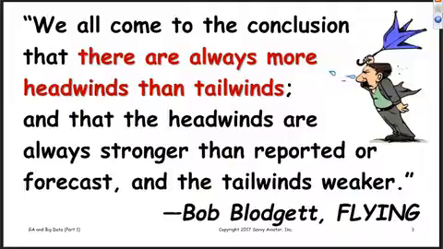What he said in the magazine was, we all come to the conclusion that there are always more headwinds than tailwinds, and that the headwinds are always stronger than reported or forecast, and the tailwinds are always weaker.